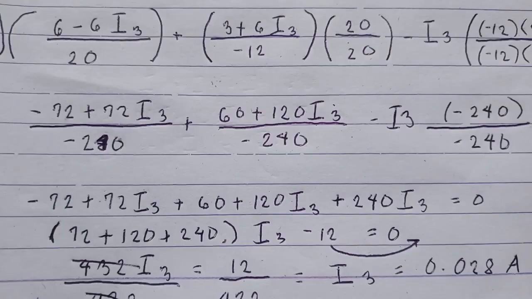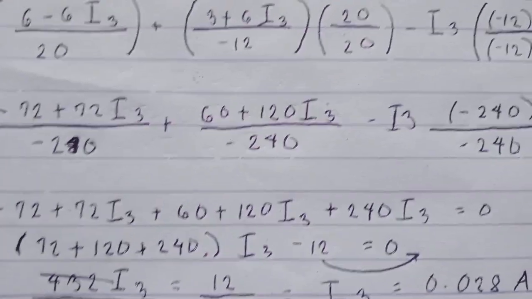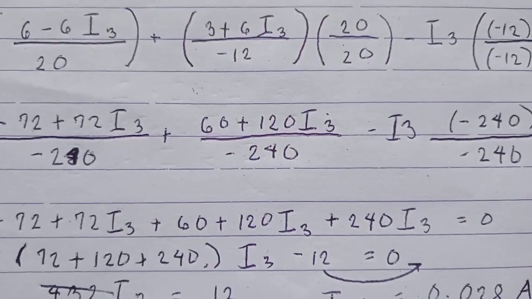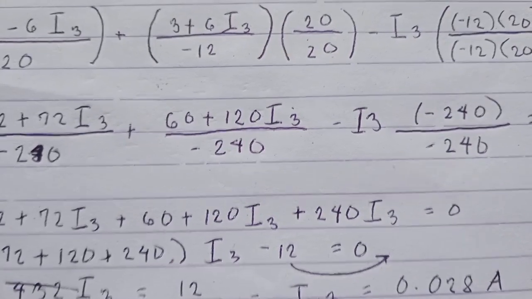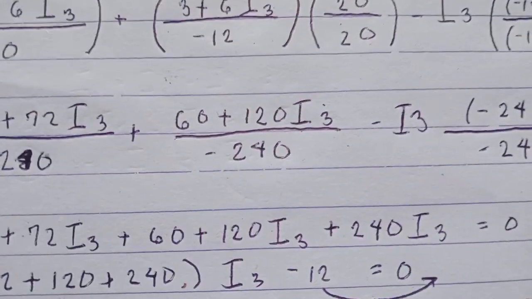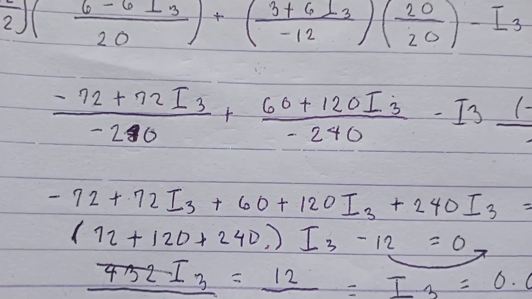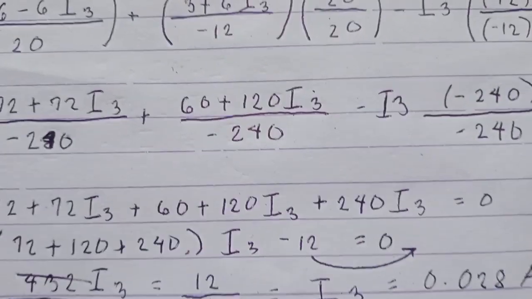So we will arrive at this equation. We will group those I3s and isolate them: 72 plus 120 plus 240, and move out the I3. Then we have negative 12, because 60 there plus negative 72 there is equal to negative 12, equal to 0.